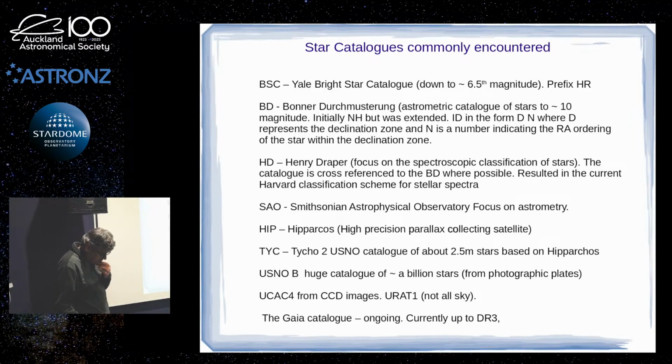And then the current catalogue of the day, I guess, which is still being compiled, is the Gaia catalogue. And this is another satellite that ESA put into orbit, but it's much higher precision than Hipparcos. And I think Hipparcos had a few thousand stars in its catalogue.